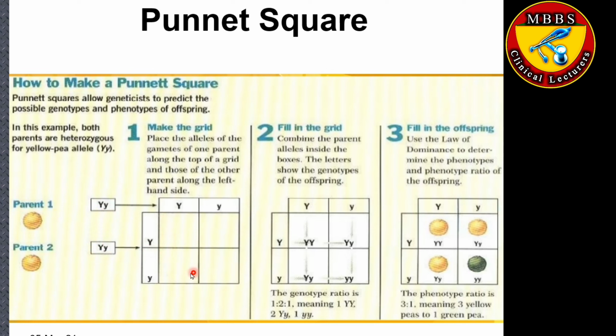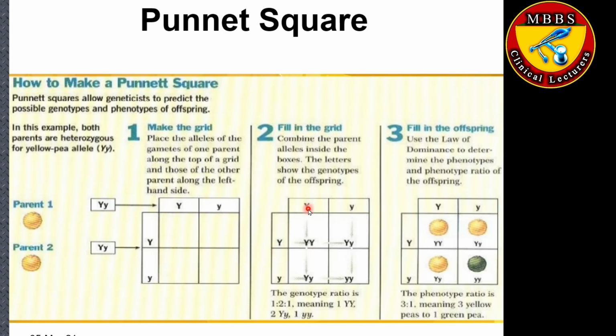Now you need to make a grid. You can make a grid of four squares, and on the top of the grid you write the alleles of one parent, capital Y and small y, and along the left side you write the alleles of the other parent, capital Y and small y. In the second step, you combine the parent alleles inside these boxes.